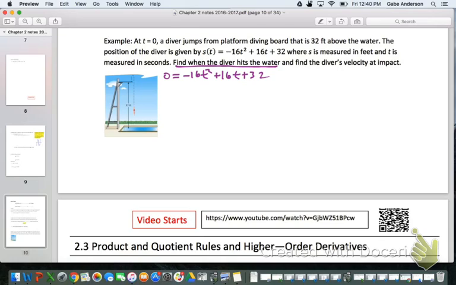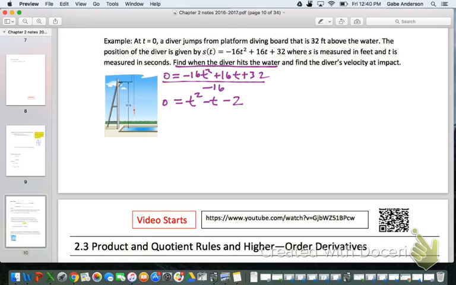How about negative 16? Let's divide everything through by negative 16. That will give me 0 equals t squared minus t, minus 2. It goes from sort of complicated to a lot less.